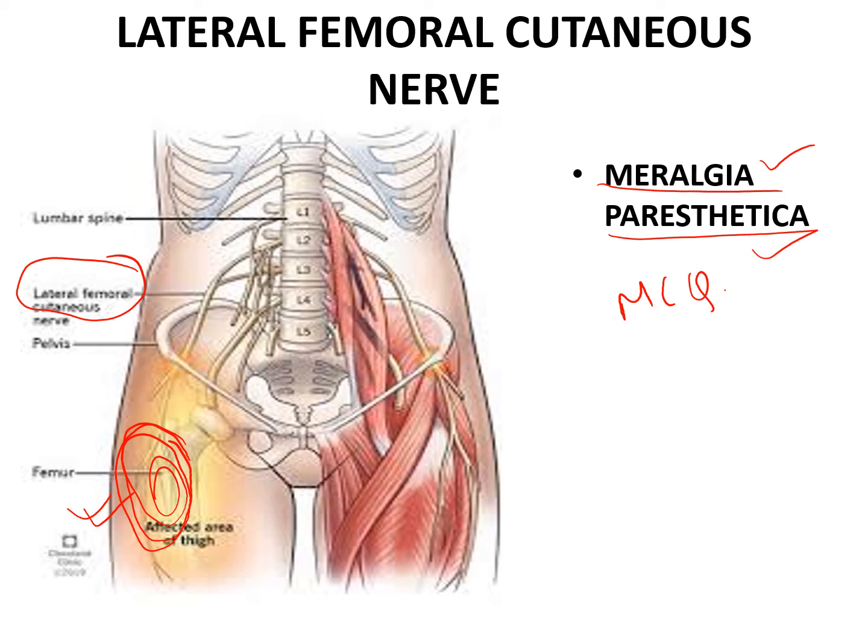It occurs because this nerve is traveling within the substance of the fascia iliaca and the inguinal ligament instead of traveling beneath it. So any irritation to this nerve brings about pain in its area of supply. That condition is called meralgia paresthetica. And which nerve causes this? It is the lateral femoral cutaneous nerve.